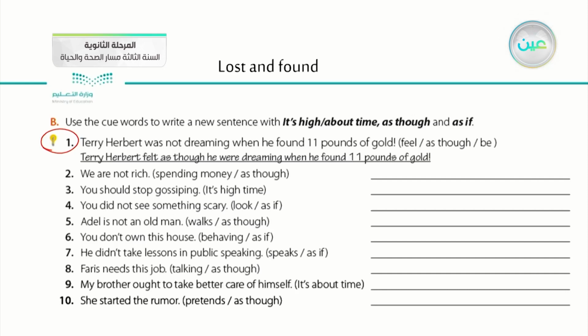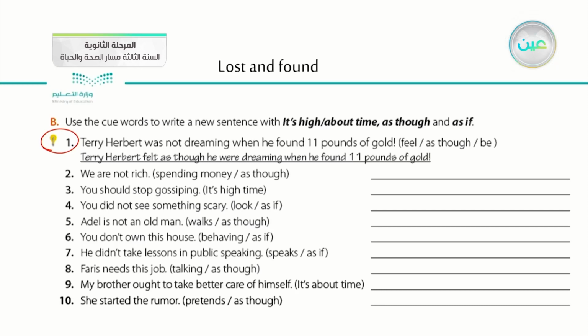Terry Herbert wasn't dreaming when he found 11 pounds of gold. Feel as though, be. So we have to use these three words to remake the sentence. When they remade the sentence by using these three words, it has become: Terry Herbert felt as though he were dreaming when he found 11 pounds of gold.